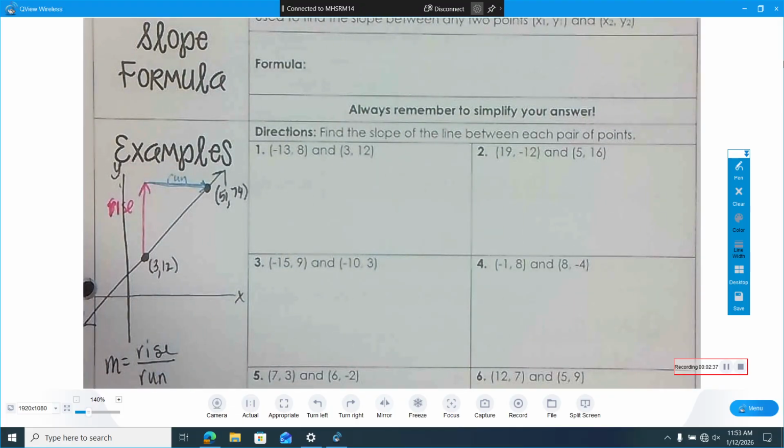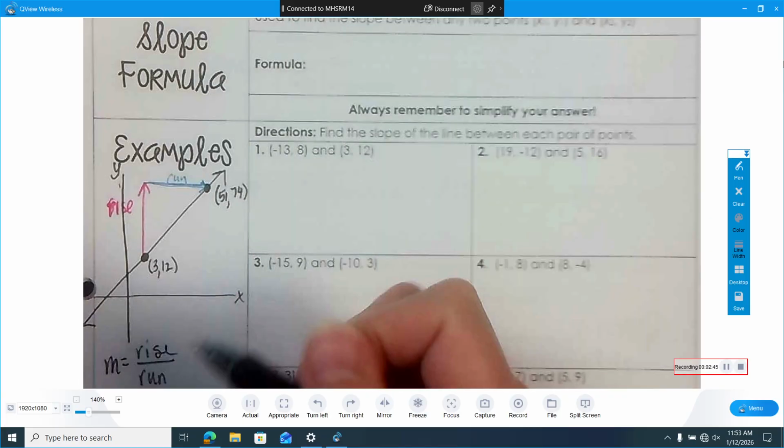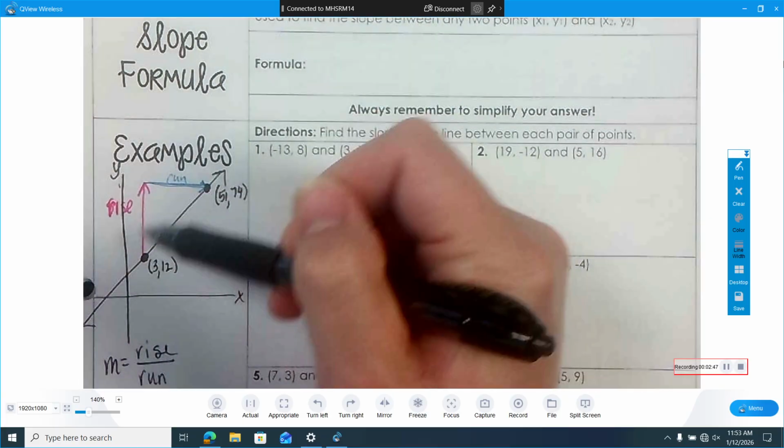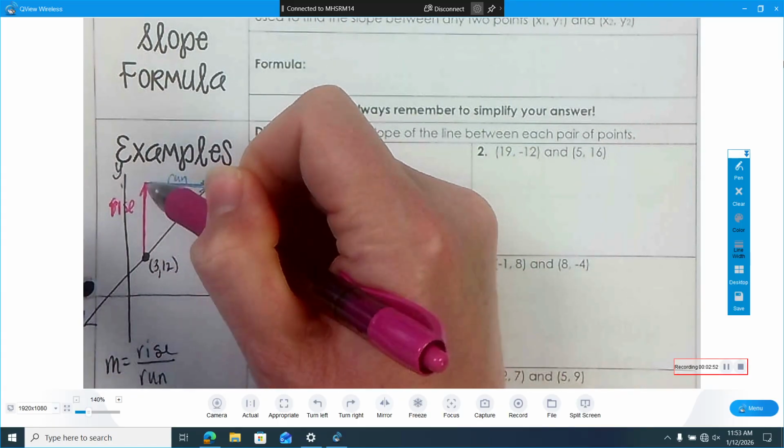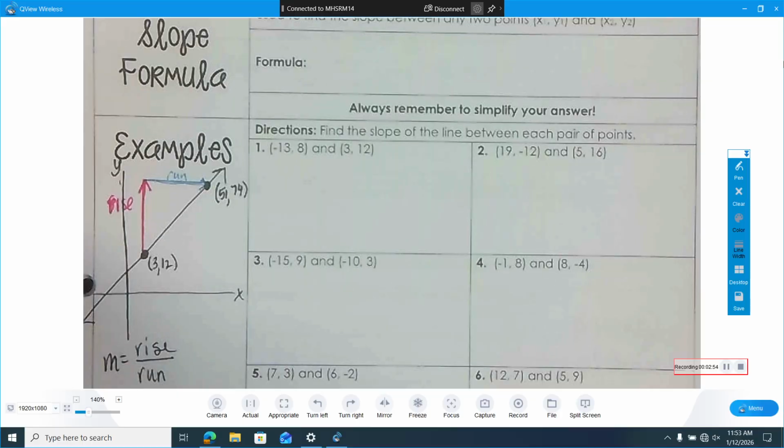Okay, so what do we do when the numbers aren't nice and small, countable? Okay, so how can I use these ordered pairs to figure out this vertical change between the points? What information do we use to know how much it's going up?